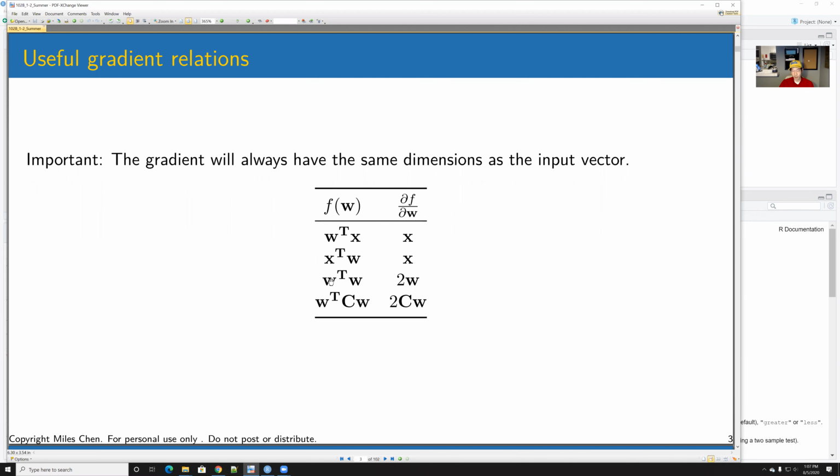The gradient of w transpose w is 2w. And then here we have a matrix C. In this case, if w is a 2x1, w transpose is 1x2, and this matrix C would then be a 2x2. So I've got a 1x2 multiplied by a 2x2 times a 2x1. The gradient of w transpose Cw is going to be 2Cw. So these are useful gradient relations to know, okay?